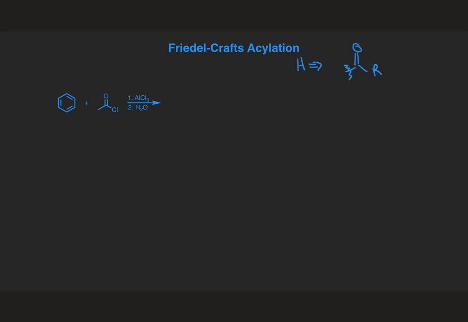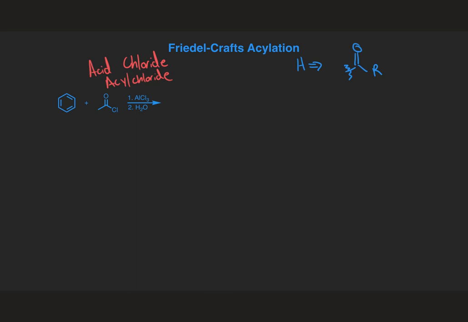So this is an acid chloride. You may also see this called an acyl chloride. The functional group is a carbon-oxygen double bond with a Cl attached to the same carbon.